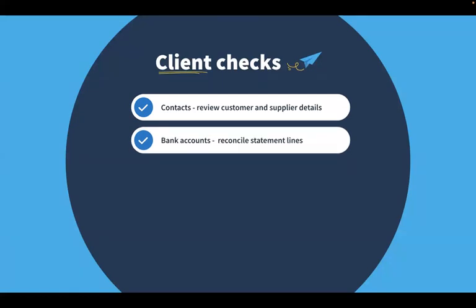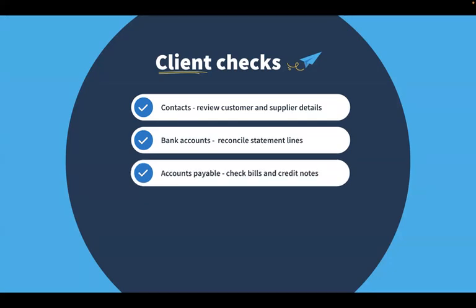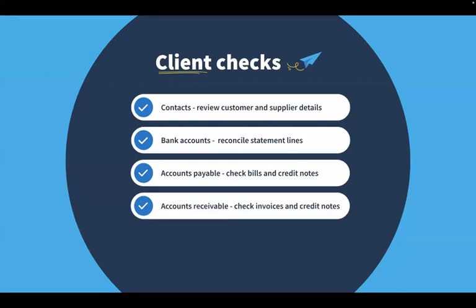Bank account, so you'll want them to check that all their transactions have been reconciled for the financial year, and of course collate any bank statements that they need to send to you. You've got accounts payable and accounts receivable. So you'll want to get them to check that their bills and invoices have in fact been entered into Xero for the financial year, and that any credit notes that need to be allocated have been.